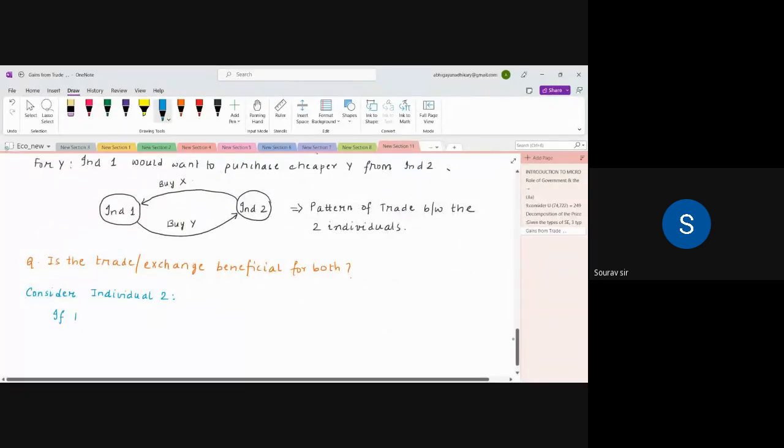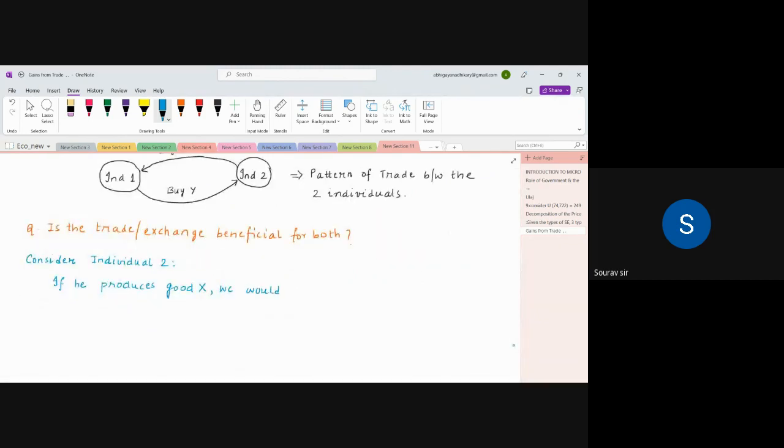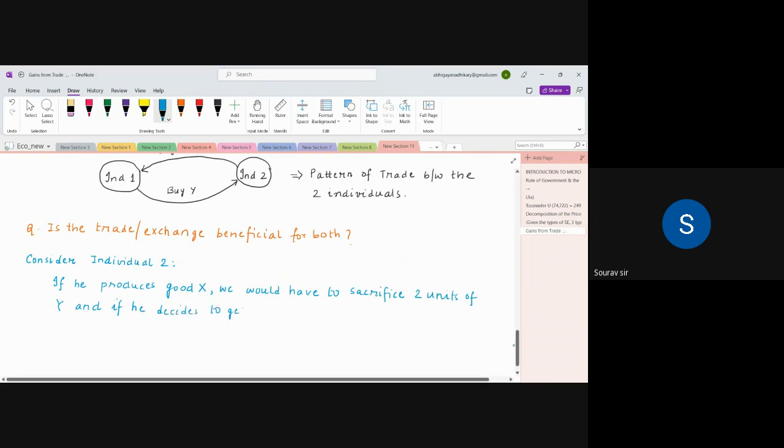If he produces good X, he would have to sacrifice 2 units of Y. And if he decides to get the extra unit of x from individual 1, he would have to sacrifice 1 unit of y.